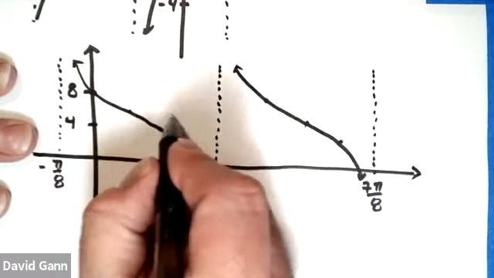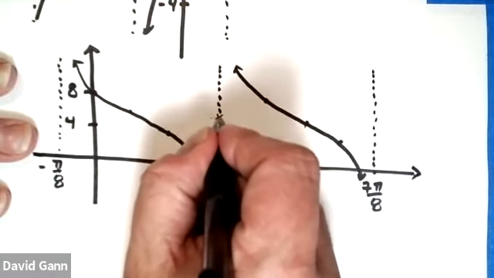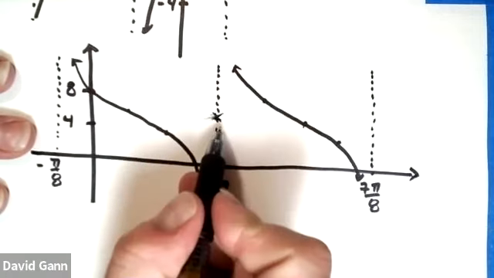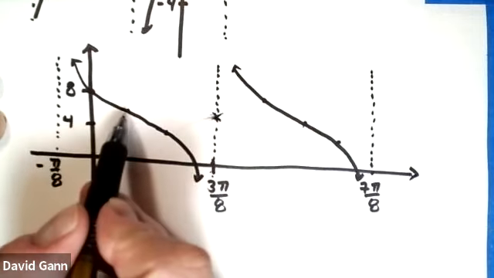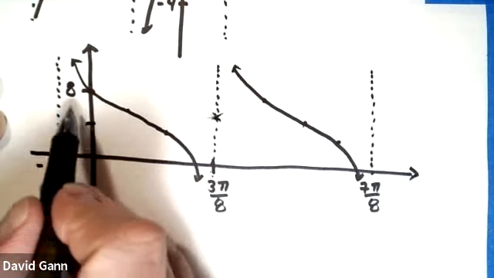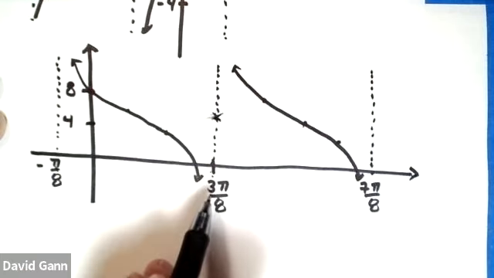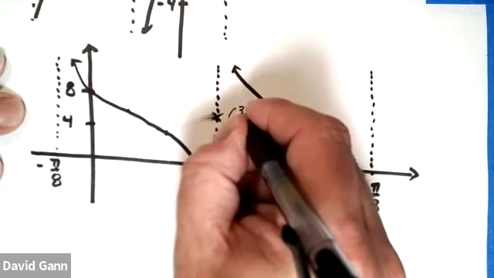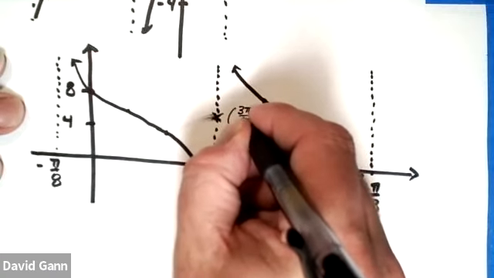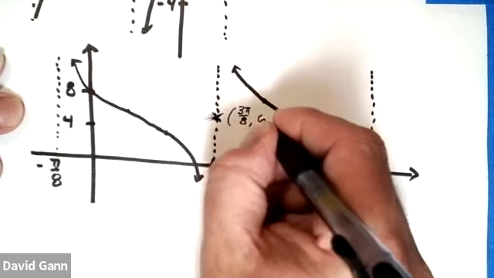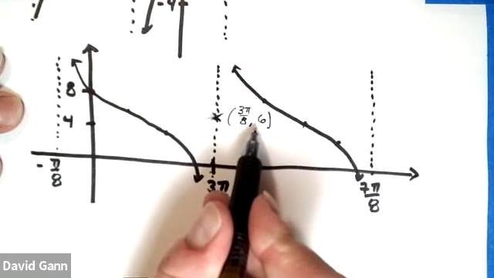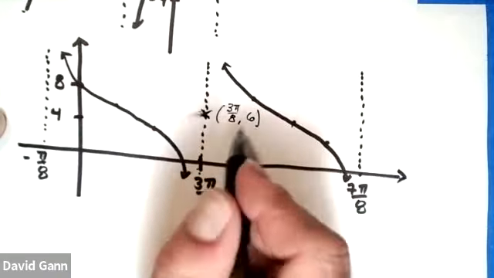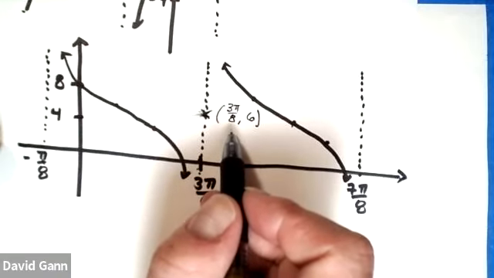If we can figure out the coordinates of this point, then we have C and D. The reflection point is halfway between 4 and 8, so the y value is 6. And of course, we have the x coordinate sitting right in front of us. So this is 3 pi over 8, comma 6, and these will be the C and D values.